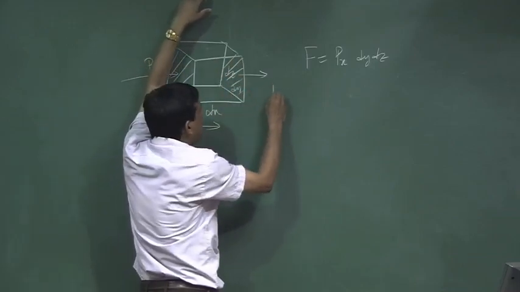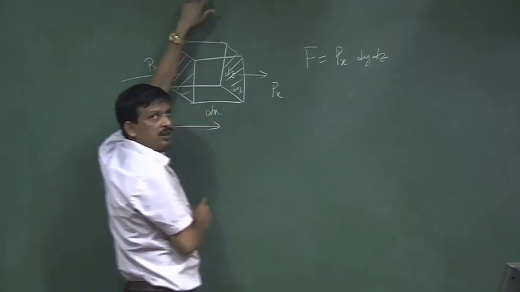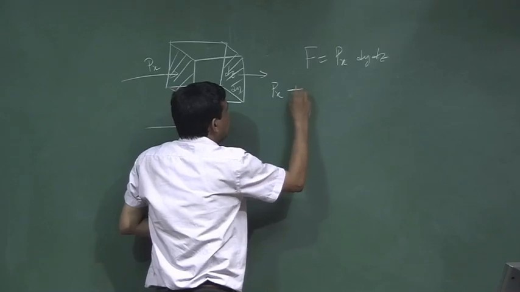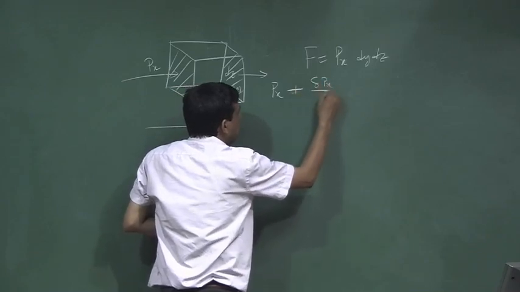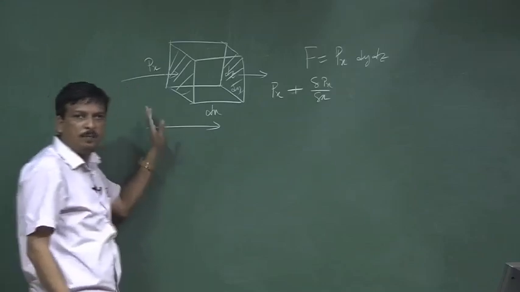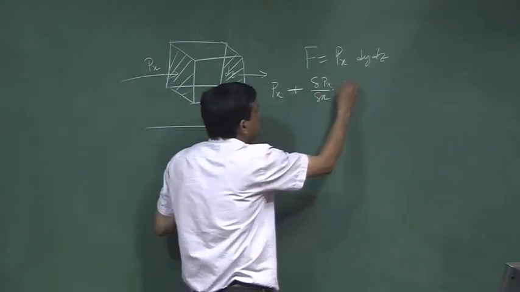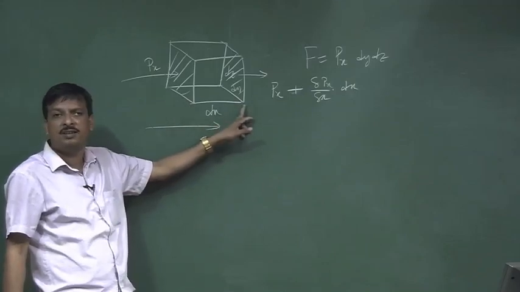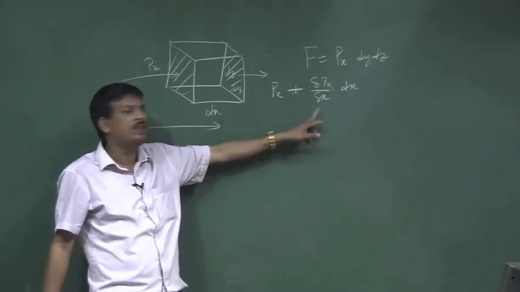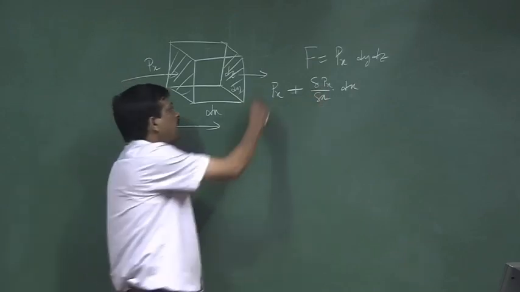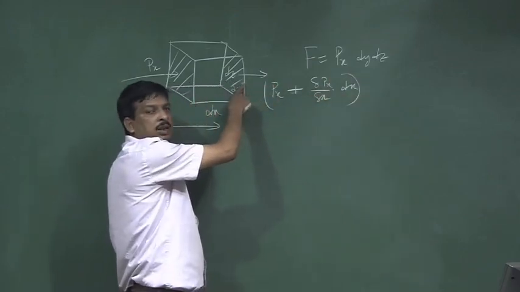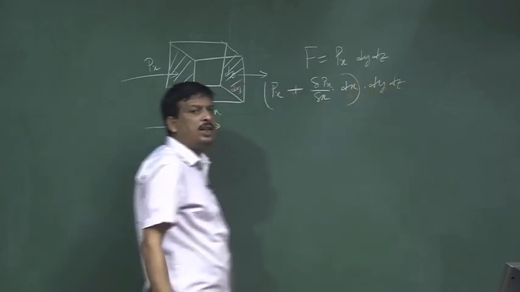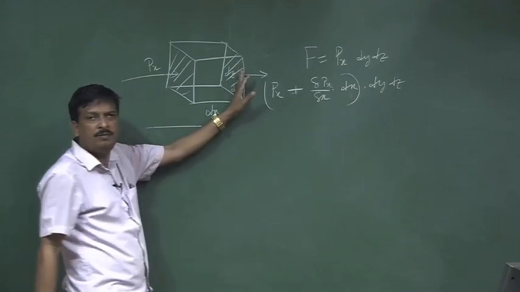That pressure is Px plus the change of pressure, that is, del Px by del x, the rate of change of pressure in the x direction, multiplied by the distance dx, because I have to travel from here to here, a distance dx. So, the pressure on this boundary, multiplied by the same area, will give me the force acting on this plane.